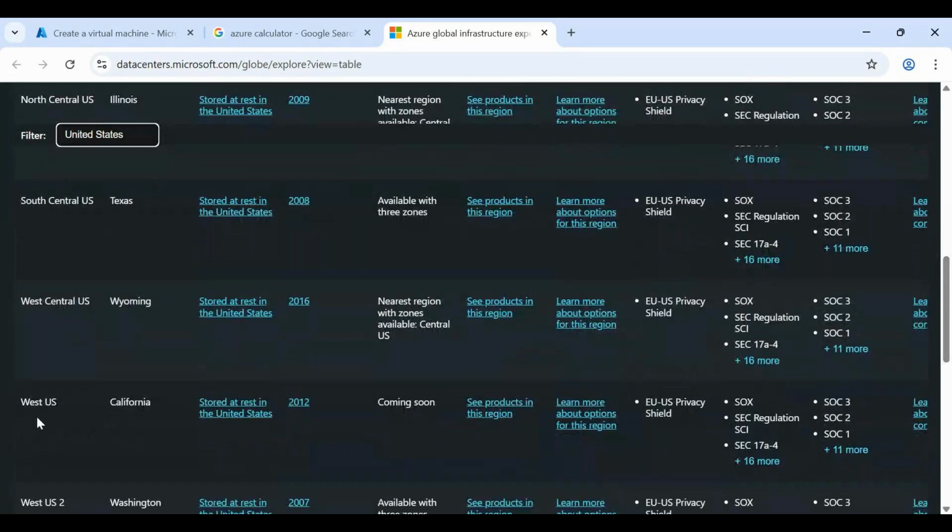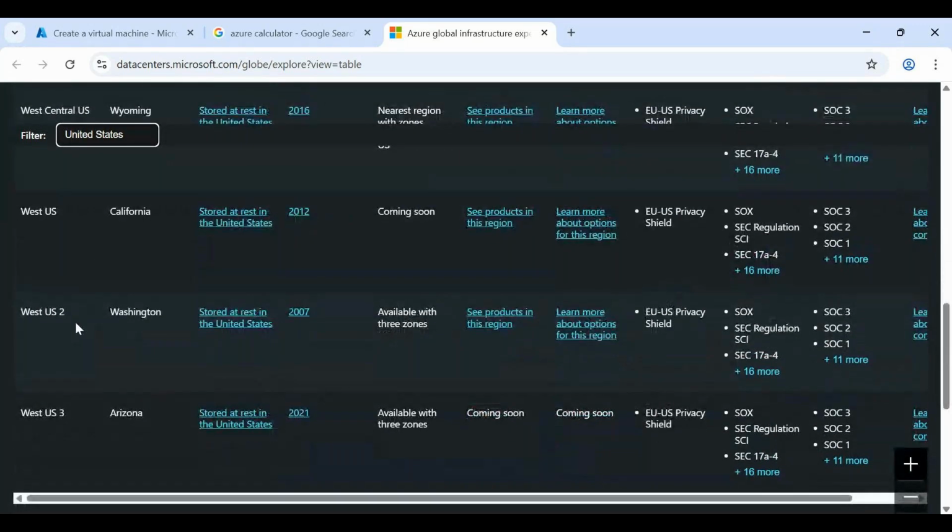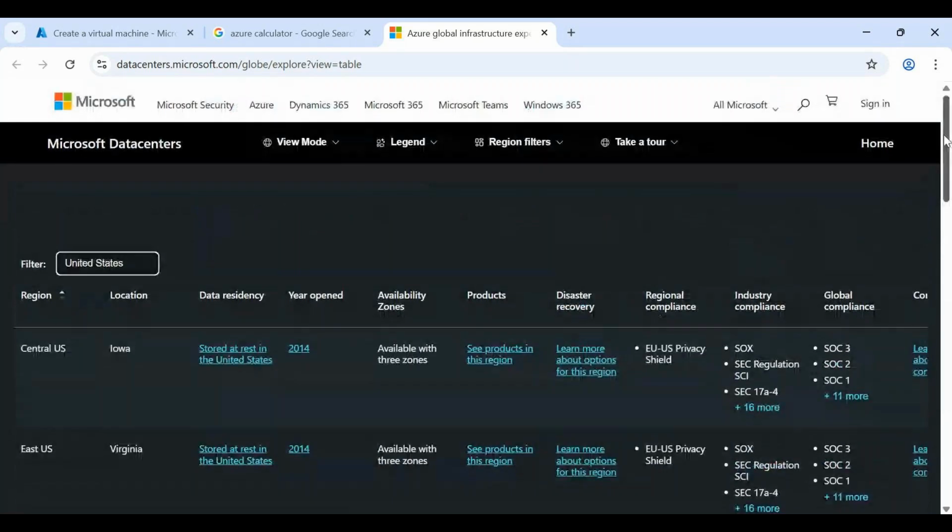Again, in the west, you can see they have west, west 2, west 3. So they have a lot of classification, and under each, say in central US, you can see the regional details, like where they have it, which locations they have it. They have different availability zones. In central US itself, they have a lot of locations where these are scattered.